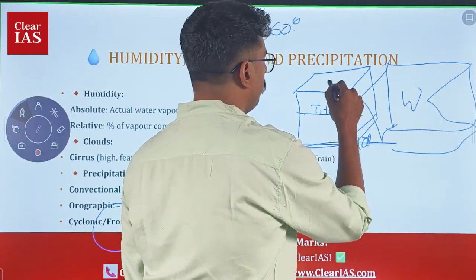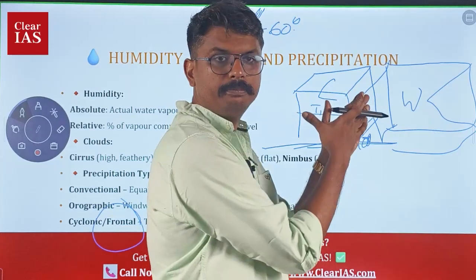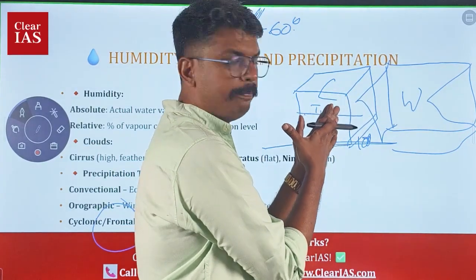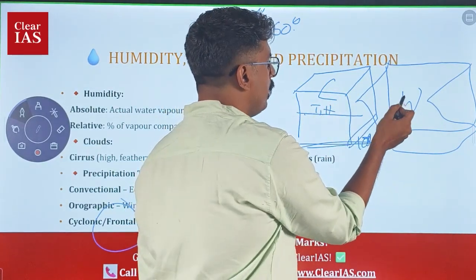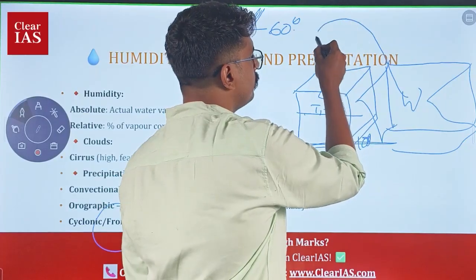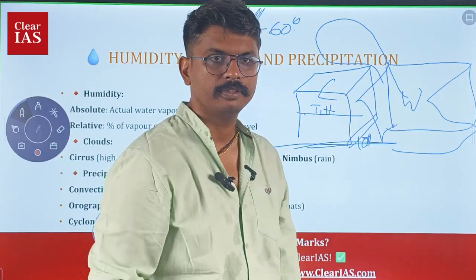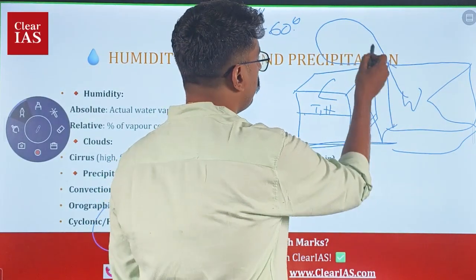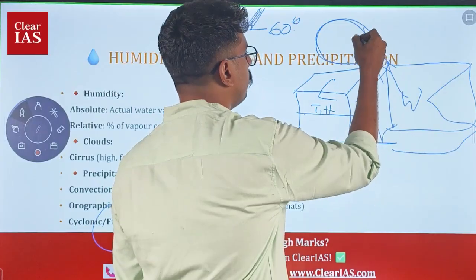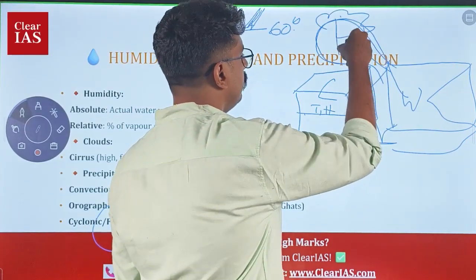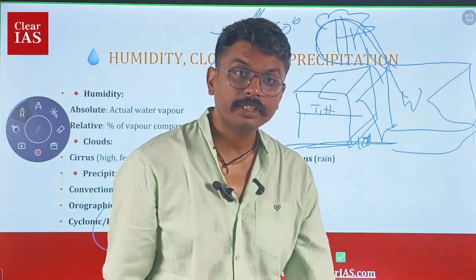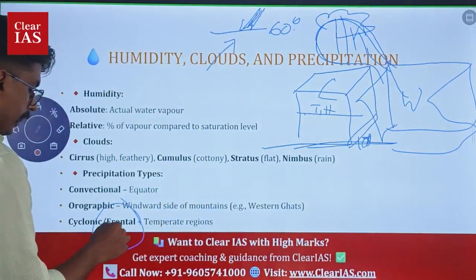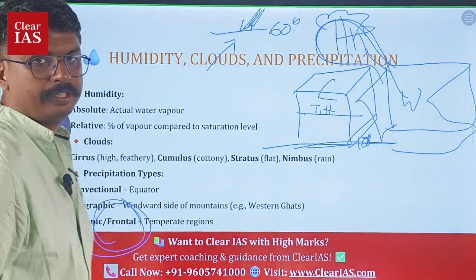So this is the warm air mass, this is the cold air mass, they come and meet. The warm air mass, which is lighter, will start moving upwards. What will happen when the air moves upwards? Condensation, rainfall. Such rainfall is called frontal rain.